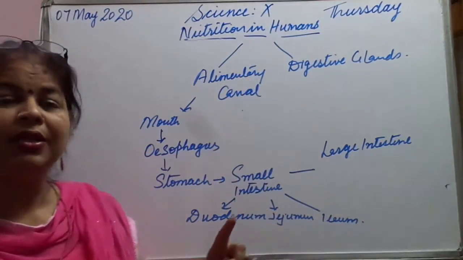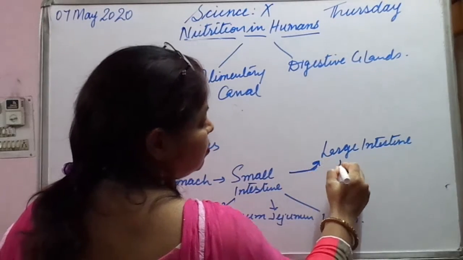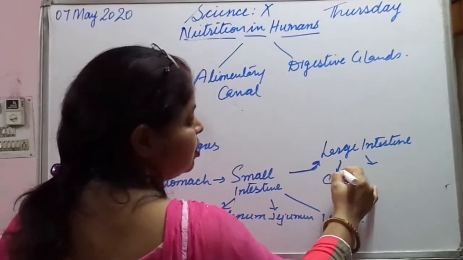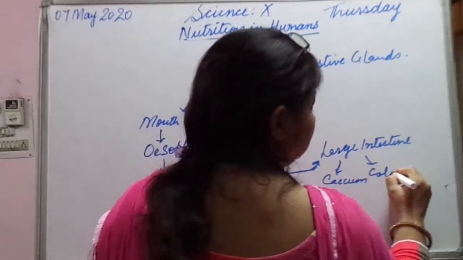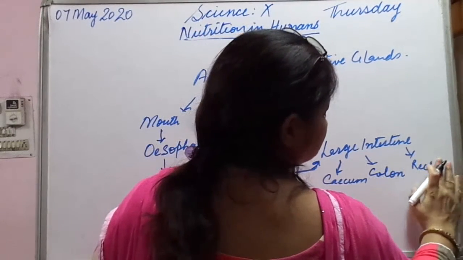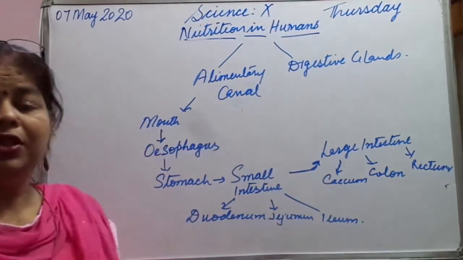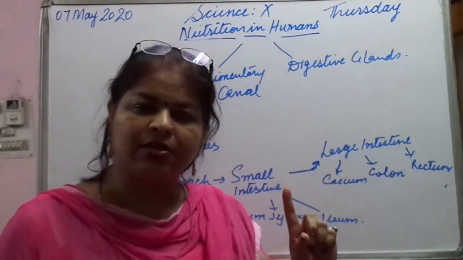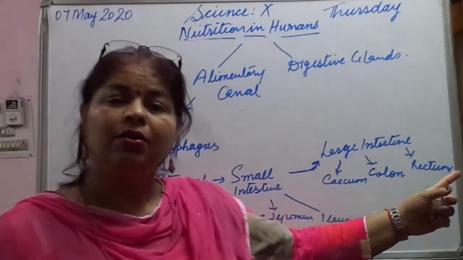What are the 3 parts? It contains cecum, C-A-E-C-U-M, then colon and rectum. And after this, the rectum opens into the anus. So this is how the alimentary canal organs follow.